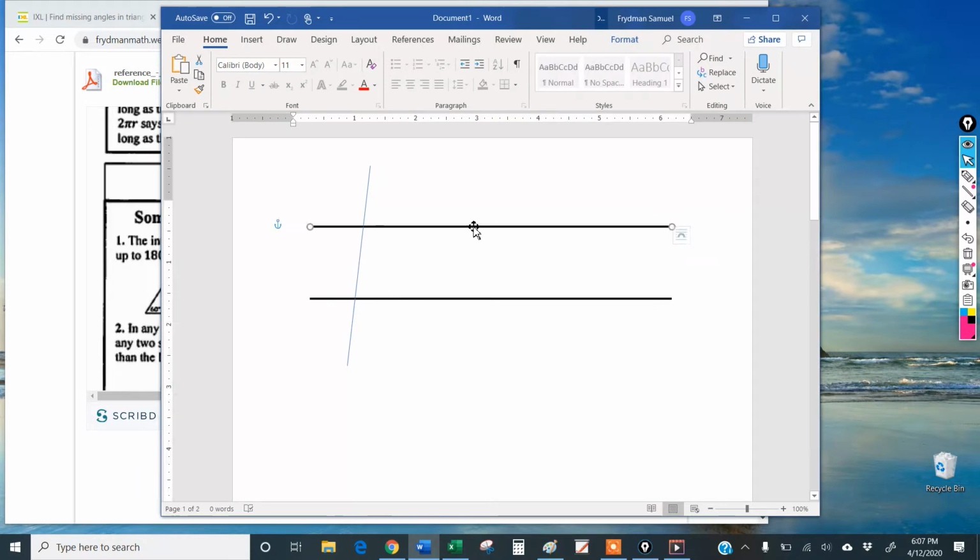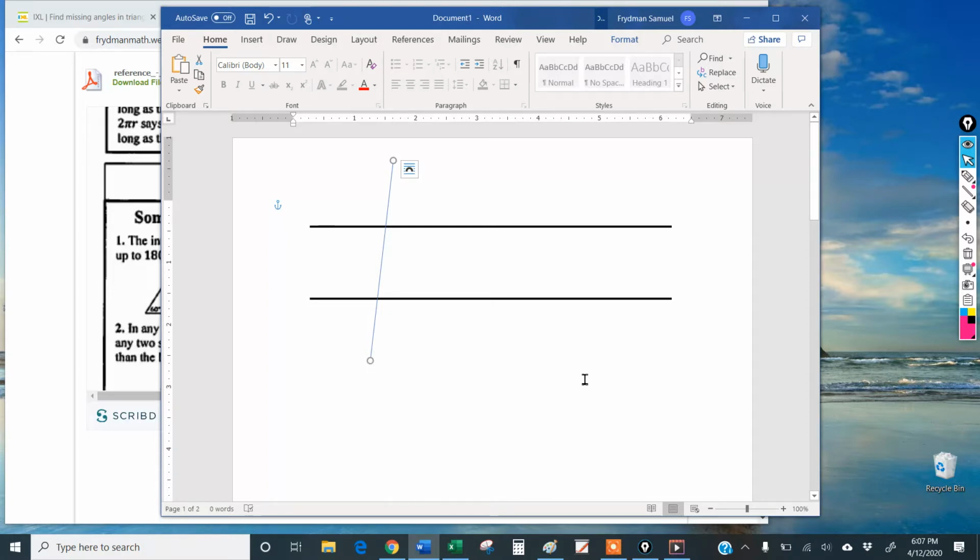Over here, you see these two lines. You can see that these lines are parallel lines, meaning they're moving in the same exact direction. And then I have another line over here, and this line is cutting these two parallel lines.